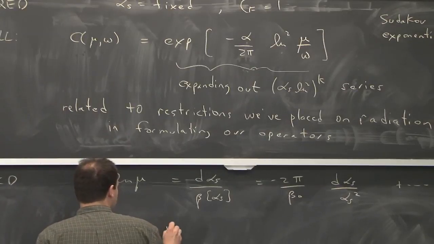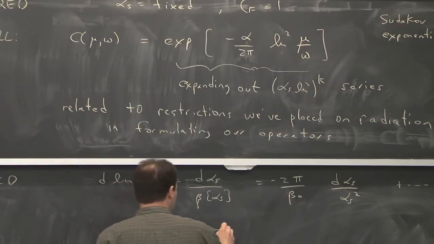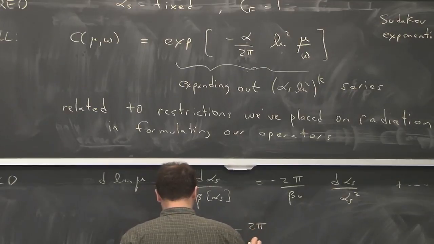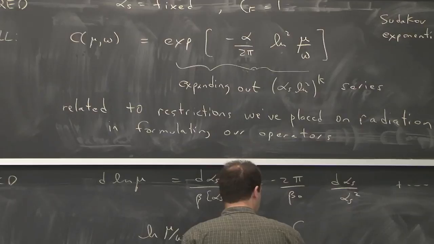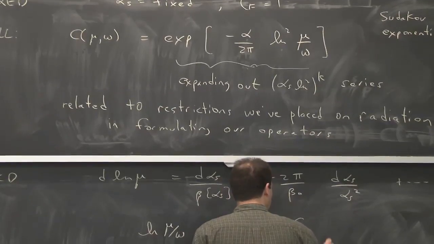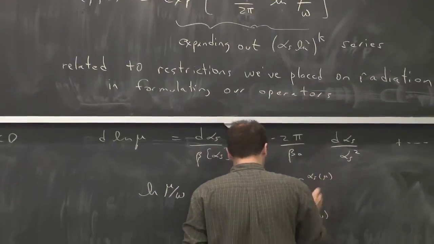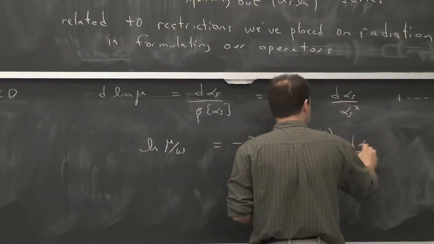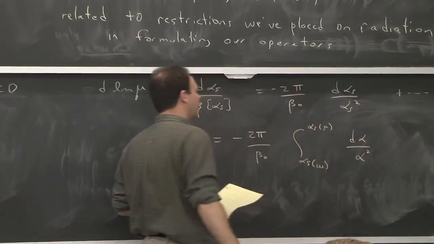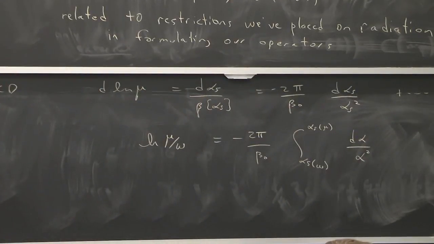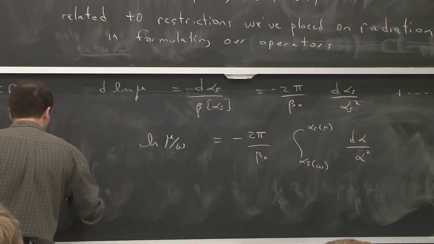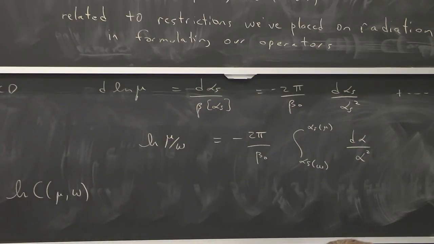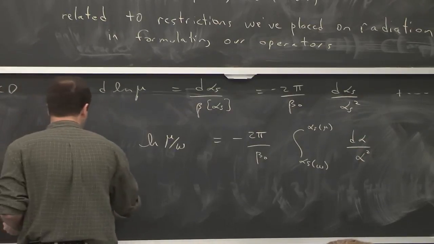And so what we can do is take this log, and we can also write the log as an integral over alpha. Alpha in this equation is some dummy variable. And so then just integrating both sides of this equation here, I can write it out.